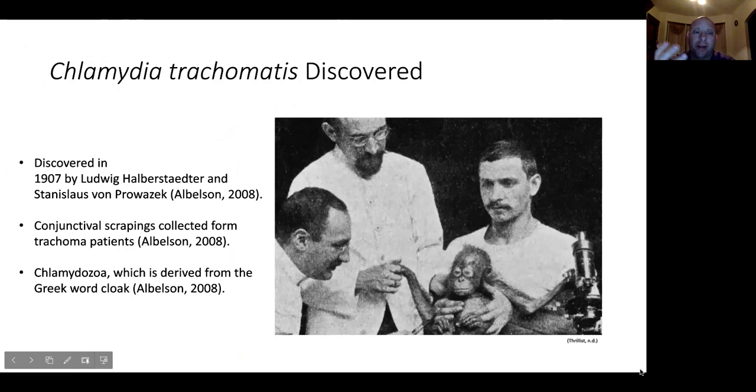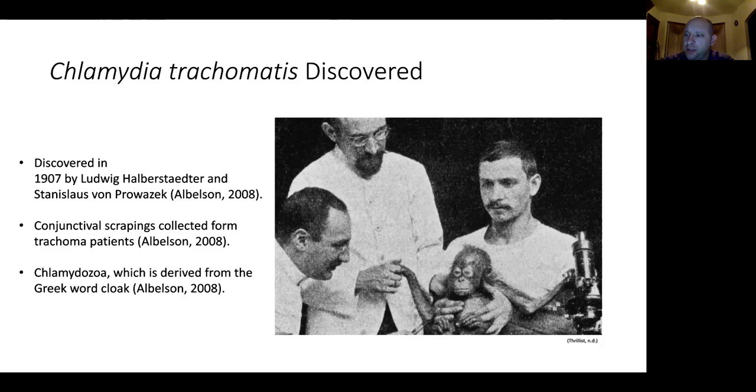Okay, so Chlamydia trachomatis was discovered by Ludwig Halberstaedter and Stanislaus von Prowazek. Apologize for butchering those names. These two gentlemen discovered Chlamydia trachomatis back in 1907. The discovery was made possible by scrapings that they collected from trachoma patients.